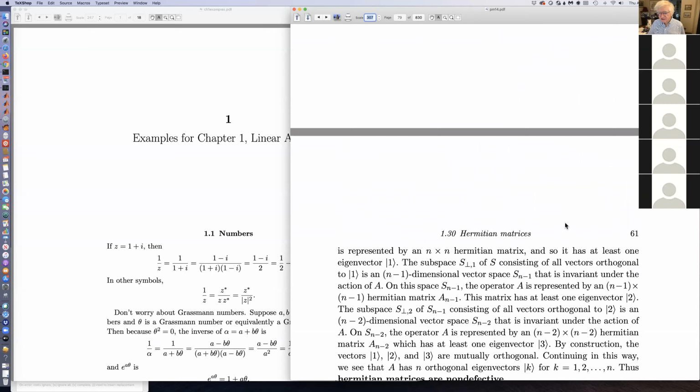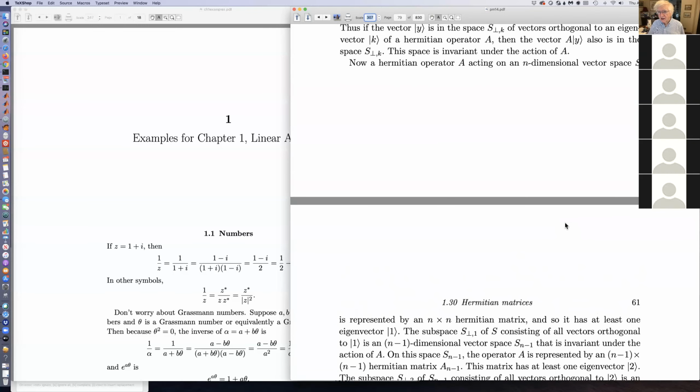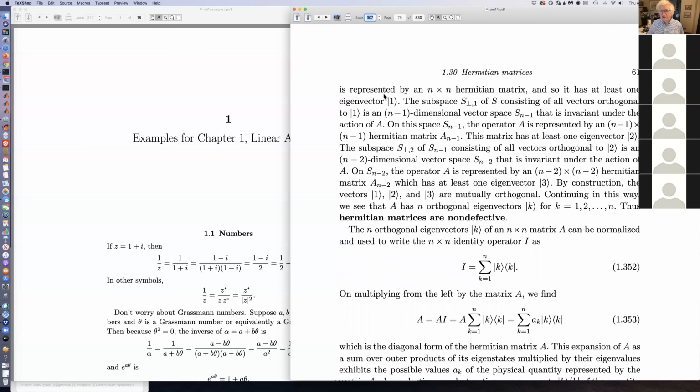So we imagine we have A acting on an n-dimensional vector space S. It's represented by an n by n Hermitian matrix. It has at least one eigenvector. The subspace consisting of all vectors orthogonal to it is an n minus one dimensional vector space that's invariant under the action of A. On this space, A is represented by an n minus 1 by n minus 1 Hermitian matrix.